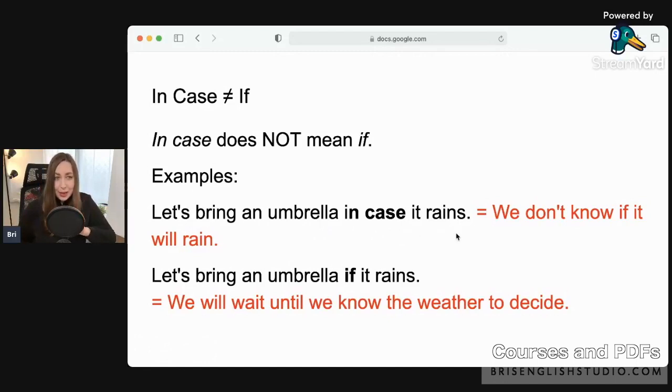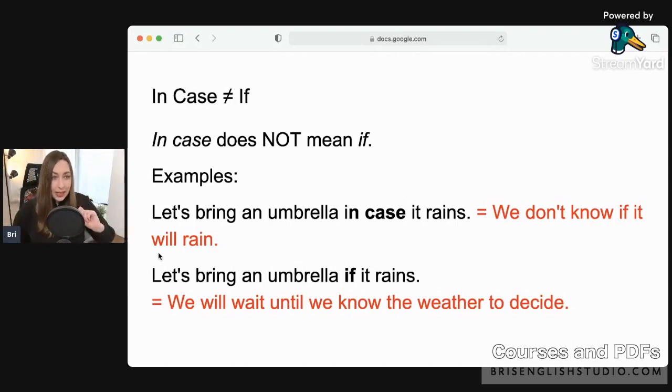When we use in case, it means we don't know if it will rain. We don't know if it will rain or if it will be sunny, but we will bring an umbrella to be careful, okay? So it could be sunny, it could be rainy, but either way, I am bringing my umbrella.